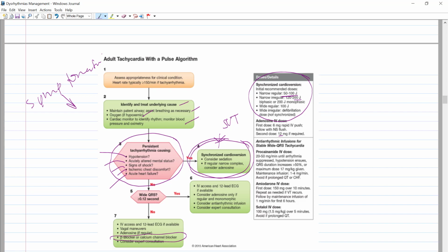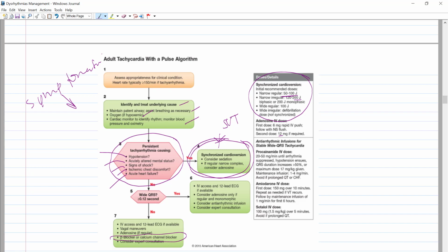So I hope this is clear. Again, I'm going to repeat: for sinus tachycardia, first thing you give is beta blocker or calcium channel blocker. Make sure you do vagal maneuver first and then give the medication, and then if you have to synchronize cardiovert, you have to, but again, think again, is this SVT?